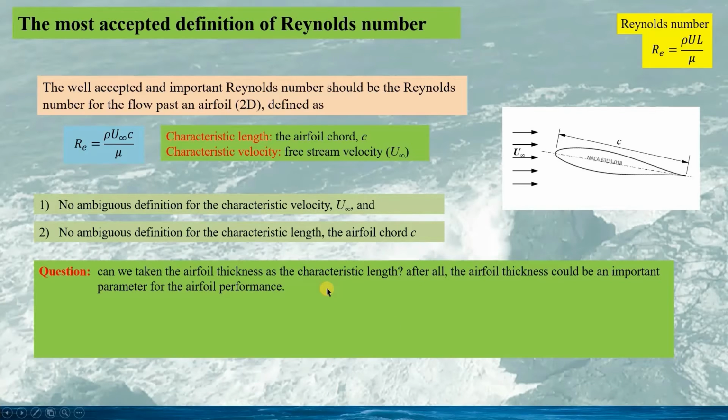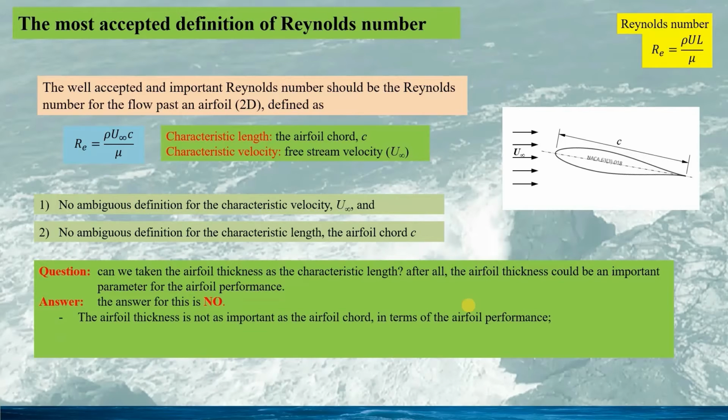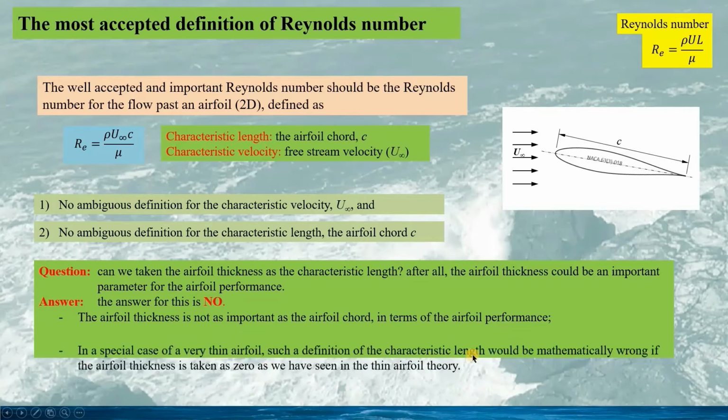However, we may ask a question: can we take the airfoil thickness as the characteristic length? After all, the airfoil thickness could be an important parameter for the airfoil performance. The answer for this is no, because the airfoil thickness is not as important as the airfoil chord in terms of the airfoil performance.